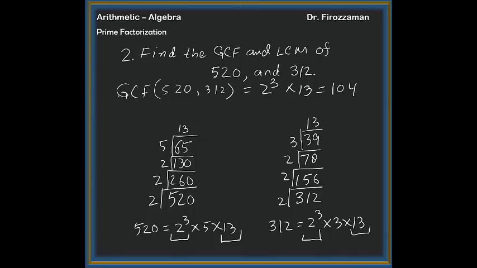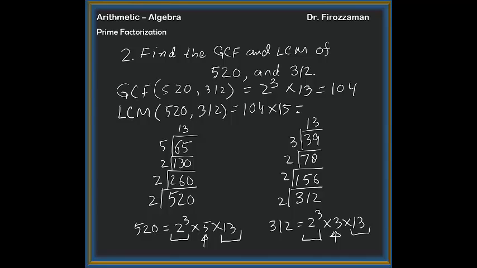Now we are looking for the LCM, which is known as least common multiple, of 520 and 312. So in this case, I will write my GCF times what is not common. This 5 here, this 3 here. So 5 times 3 is 15. You can write here.